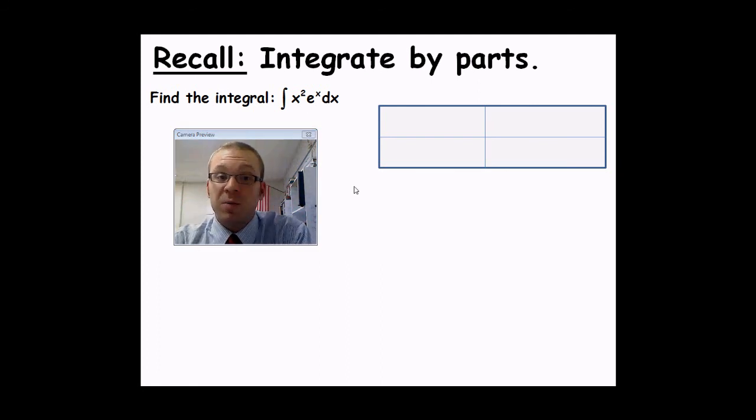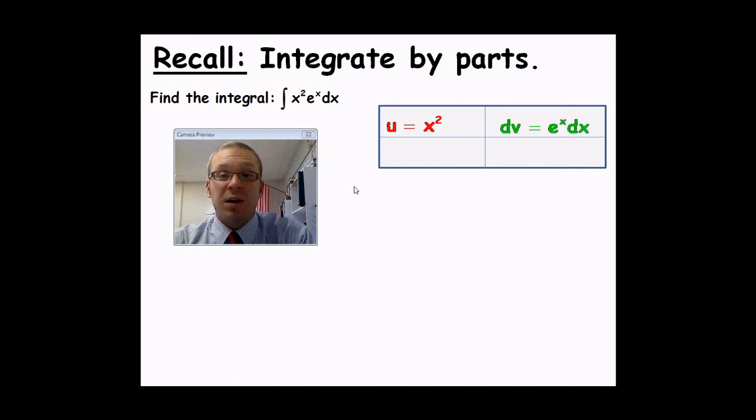Remember the strategy: pick your u so that a polynomial or a constant is a pretty good choice, and for your dv, a good choice is typically something like e to the x, sine of x, or cosine of x, something periodic in nature when you're taking derivatives. So that's precisely what I did: u equals x squared, dv equals e to the x dx.